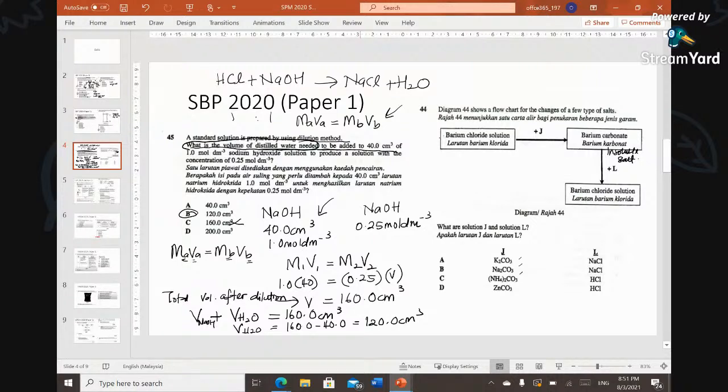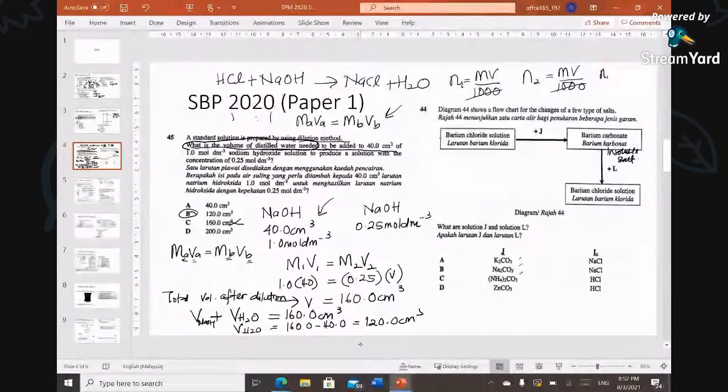Okay, so when the number of moles are the same, then you can equate, because your initial equation is n equals MV over 1000. So your first number of moles and second number of moles are the same, then you can equate, and this 1000 and 1000 will be cancelled off.